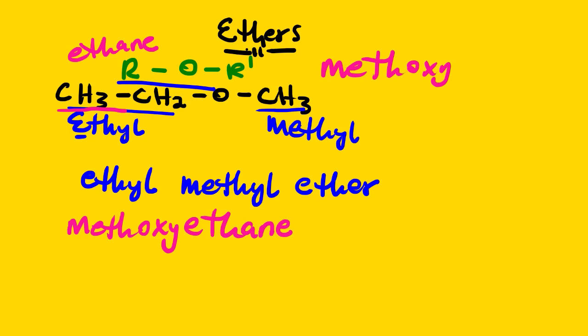Let us do another example so that you can get used to this. Example number 2. Suppose we have something like this. Remember that you must also be used to the skeletal structures. So we have 1, 2, 1, 2.